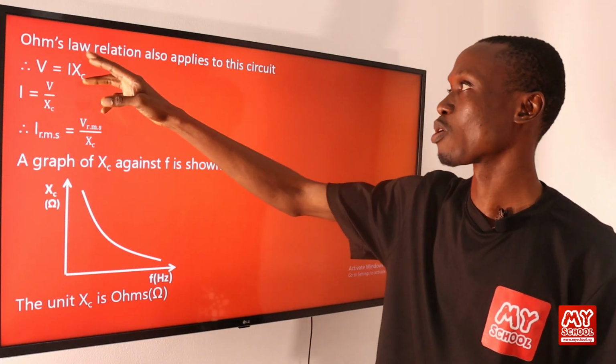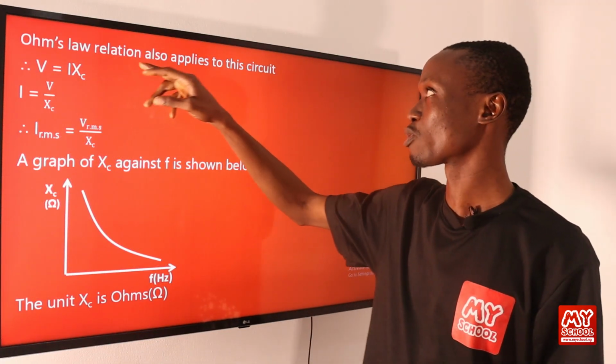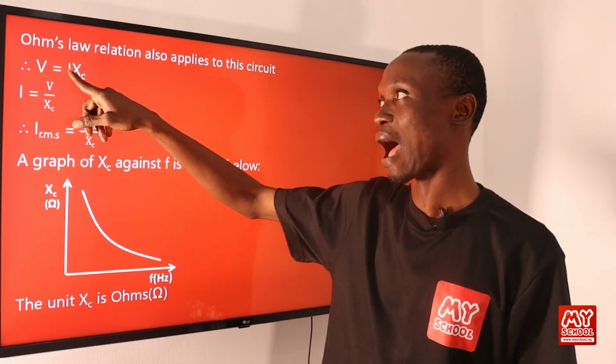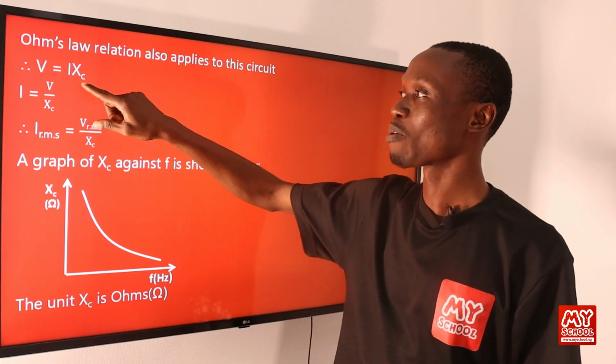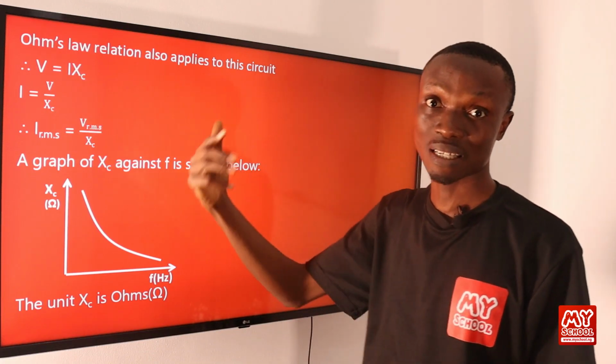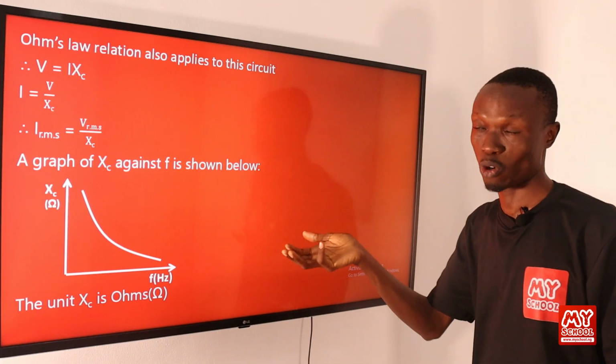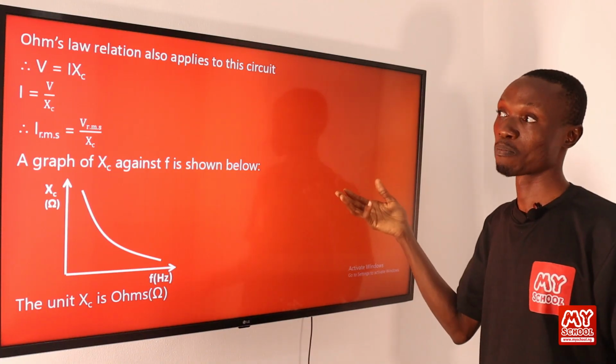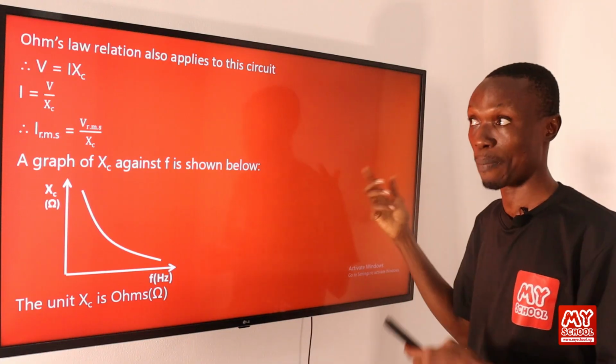Now, Ohm's law relationship also applies to this circuit. And remember that V is equal to I XC. Now remember that XC here is not acting as an ordinary resistance, because it is the opposition offered to the flow of alternating current by the capacitor.